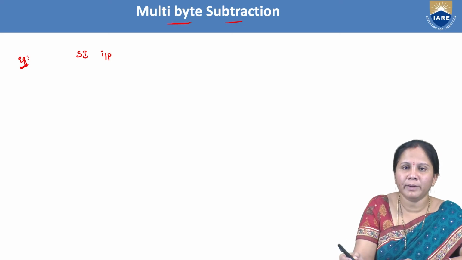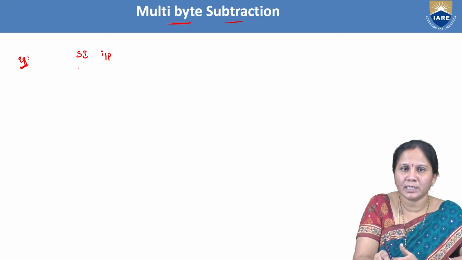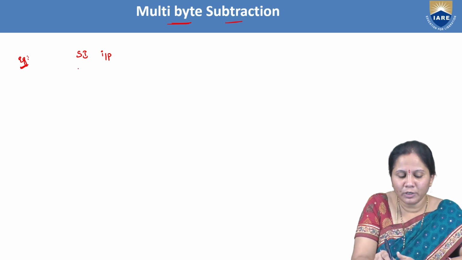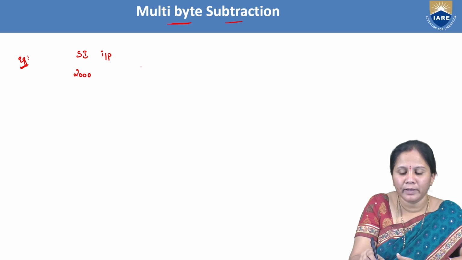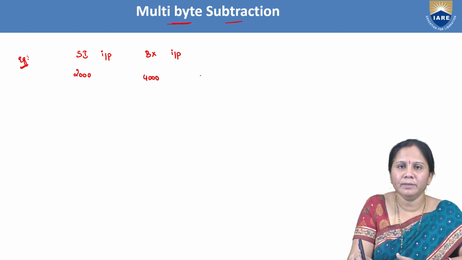To take multiple inputs, we use the SI, BX and DI registers. You can initialize this SI value with 2000, and for another set of inputs we can initialize the BX register with 4000.